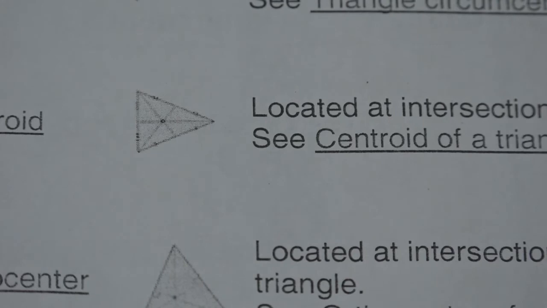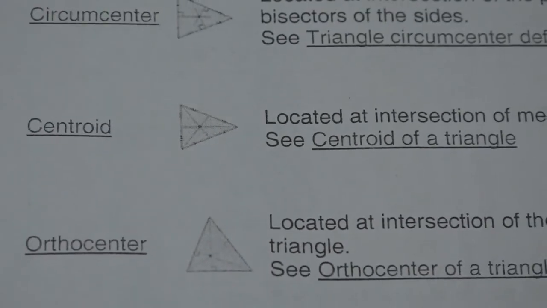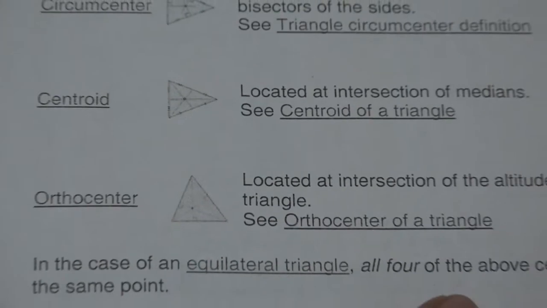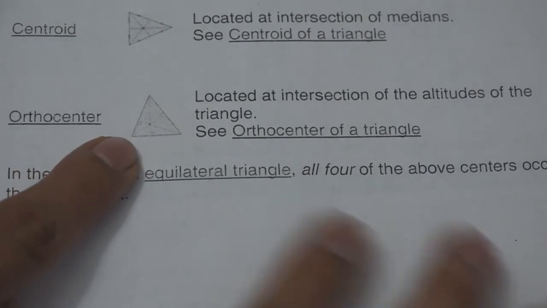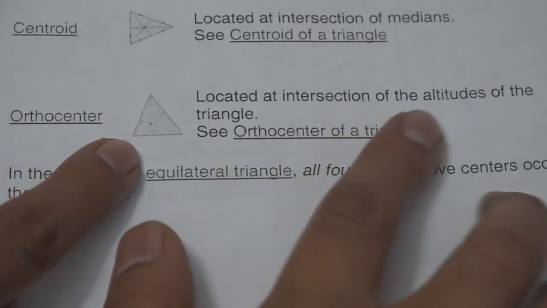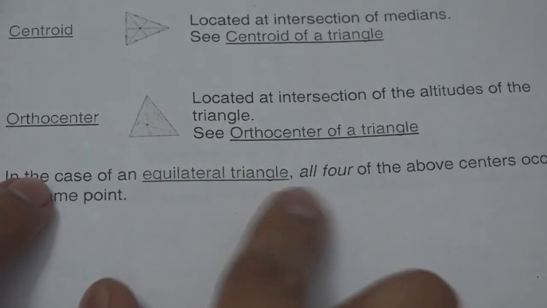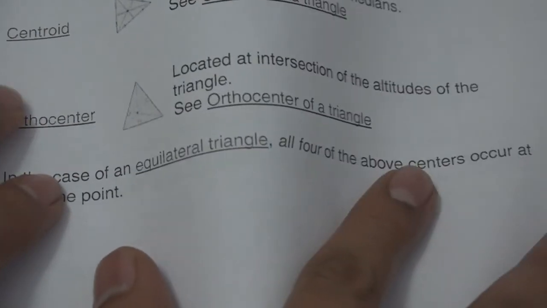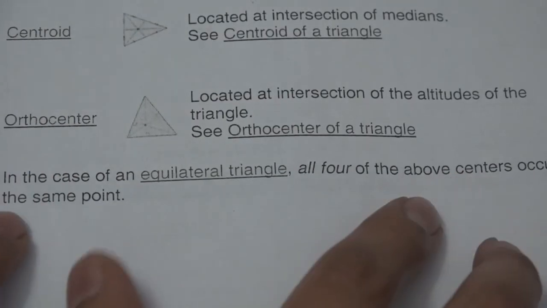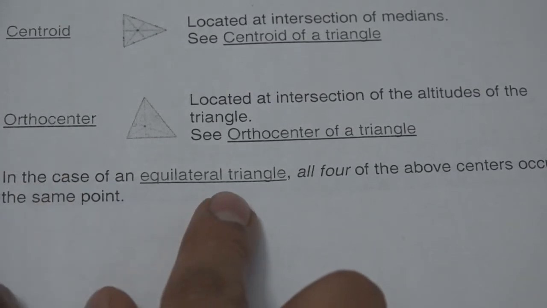Got it? Good. And remember, centroid has to do with the medians. The next one then, the orthocenter. The orthocenter has to do with the altitudes. It is located at the intersection of the altitudes of the triangle. In the case of the equilateral triangle, all 4 of the above centers occur at the same point. Only in the equilateral triangle. Alright, just remember that. So now let's get cooking.